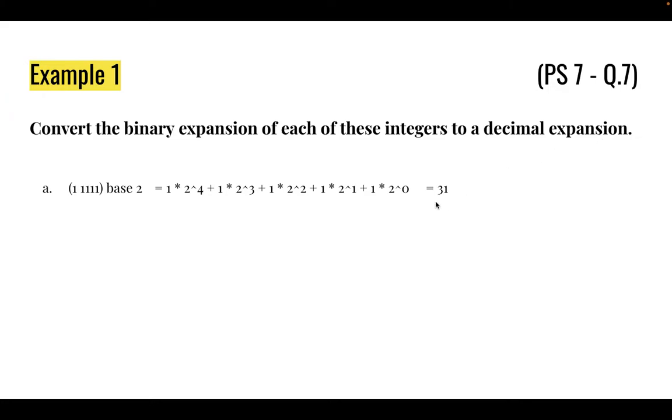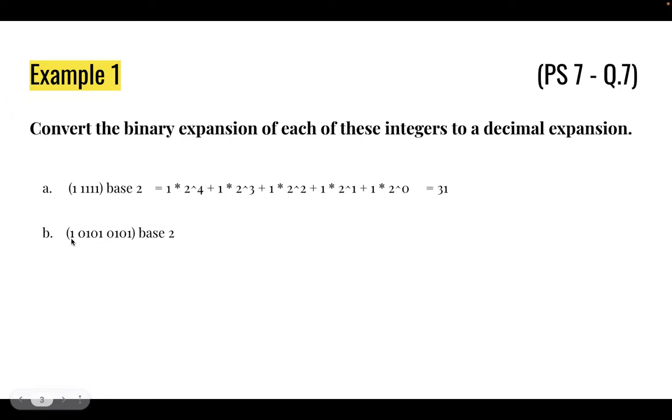Decimal expansion is basically that decimal number. Now second, we have this binary number. Here we have how many digits? 0, 1, 2, 3, 4, 5, 6, 7, 8. So we start with 1 times 2 to the power 8 plus 0 times 2 to the power 7. But since it's multiplication by 0, we can basically skip adding it to the equation.